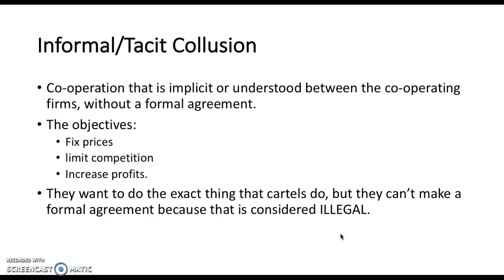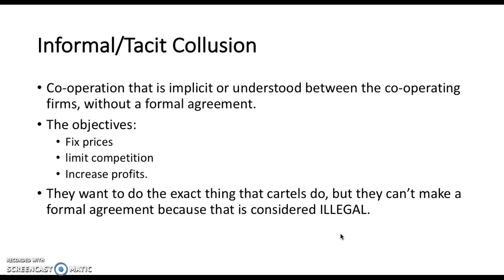It means that they're going to cooperate just implicitly, or they kind of wink, okay, we're going to agree to this, but we're not going to sign any papers. We're not going to let everyone know this. And so we can maybe get away with this, and it won't be illegal. Maybe we'll try and make it so it's sort of legal, but we're doing this to get around the laws.